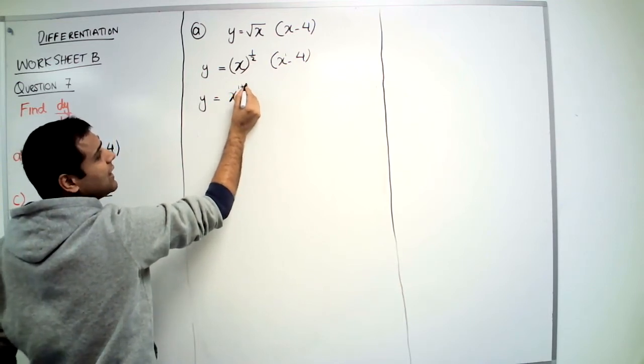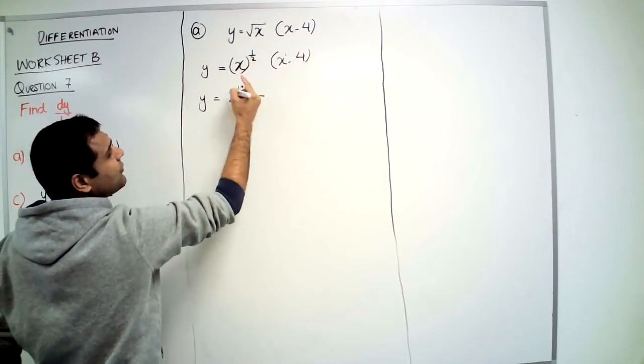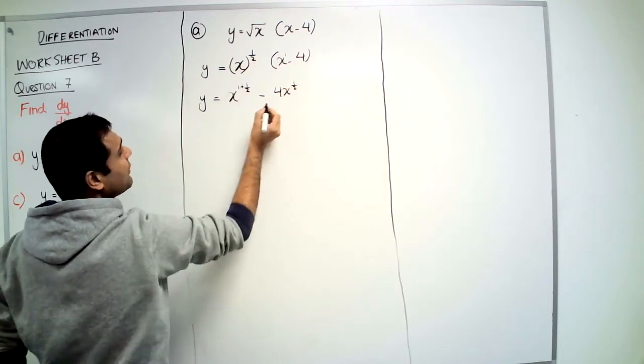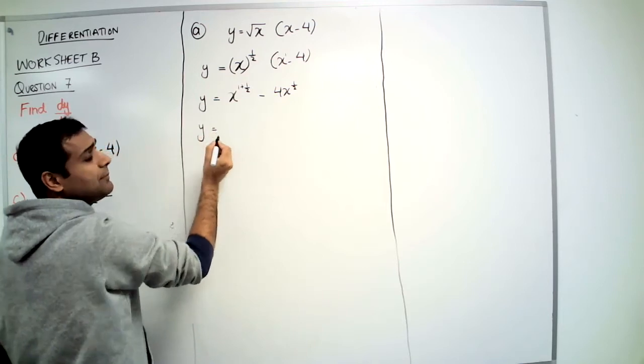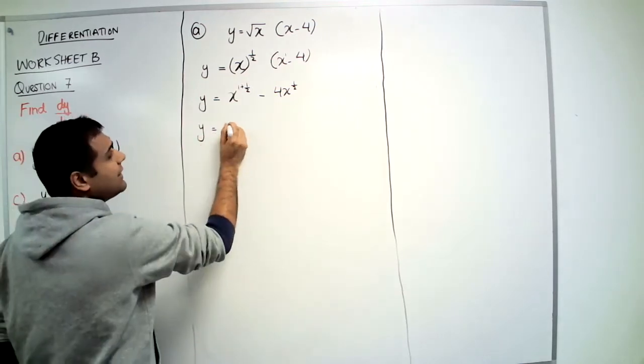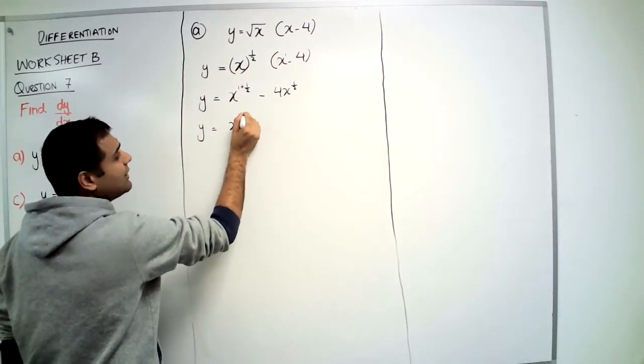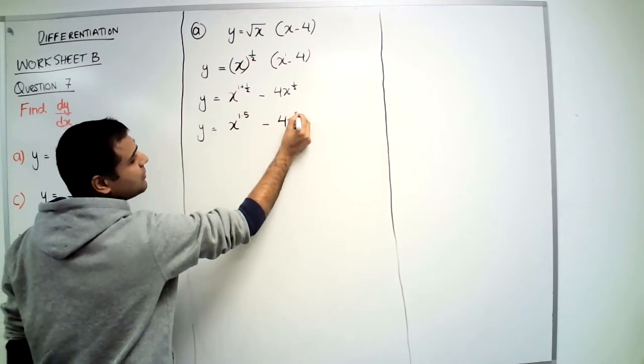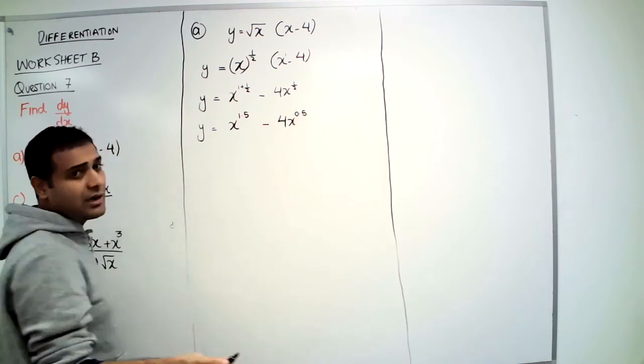It's 1 plus half. And then 4 times that is 4x to the half. If you further want to simplify, you can write x to the 1.5 minus 4x to the 0.5. Yeah, it's easy. You can write that way.